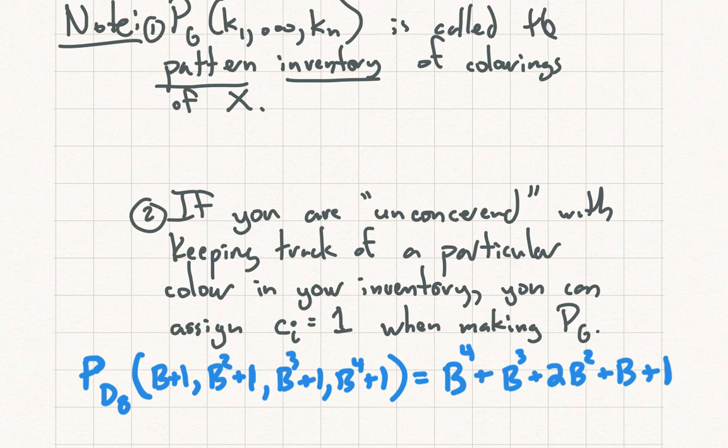So all of the r's that were in this polynomial before get set to 1, so now it only retains the information about the b's. So if all we care about are the b's, there's one coloring that's 4 blue, there's one coloring that has 3 blue, there's 2 different colorings that have 2 blues, one coloring with 1 blue, and one coloring with no blues.